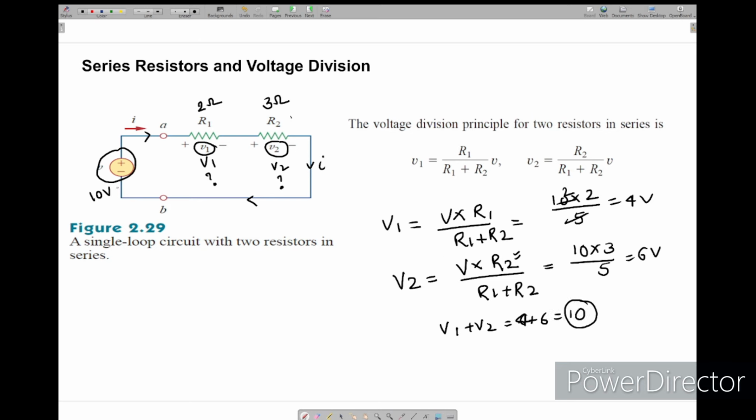This is equal to our source voltage. What it means is the sum of the drops across resistors R1 and R2 equals the source voltage. If there is R3 also, this drop will also be considered, and all these drops equal the source voltage. This way we can write V1 and V2.